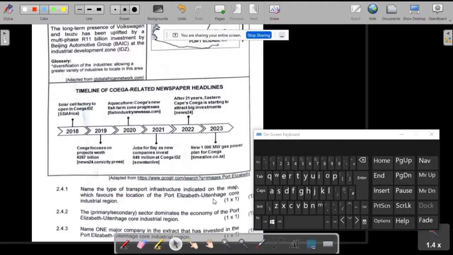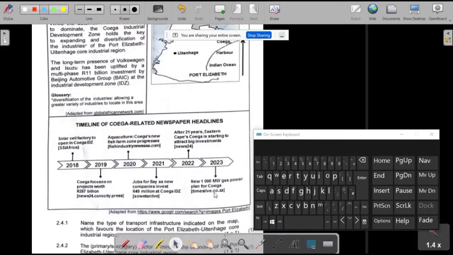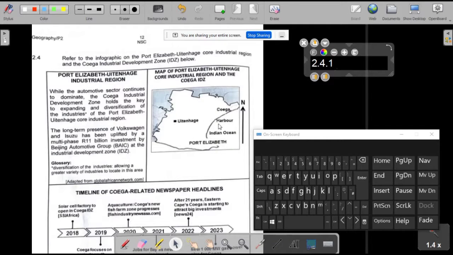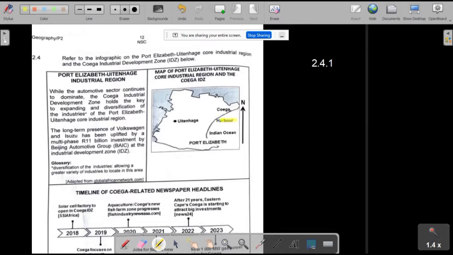Okay, 2.4.1: name the type of transport infrastructure indicated on the map which favors the location of Port Elizabeth Uitenhage core industrial region. Okay, type of transport infrastructure. There we go. Okay, it's the harbor. It's the harbor right there.